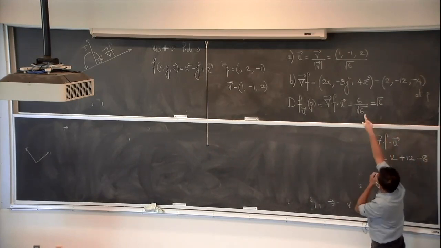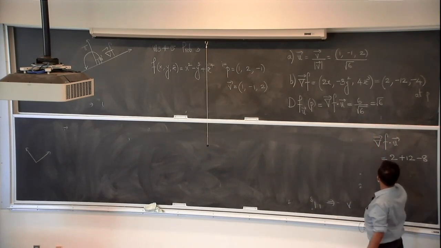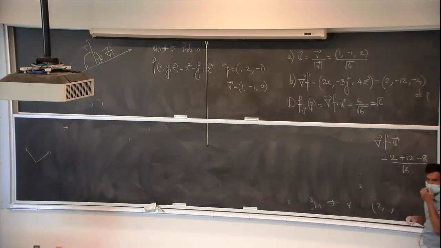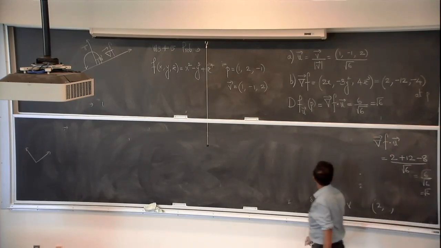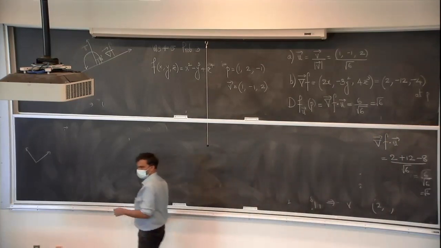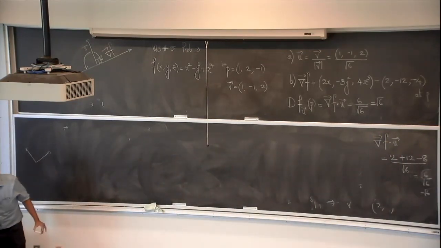And then the square root of 6 in the denominator is still there. Component by component, yeah. And that's equal to 6 over square root of 6, which is square root of 6. Any other questions about part B?